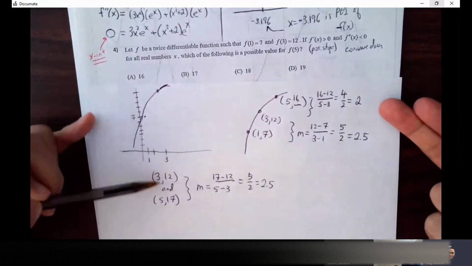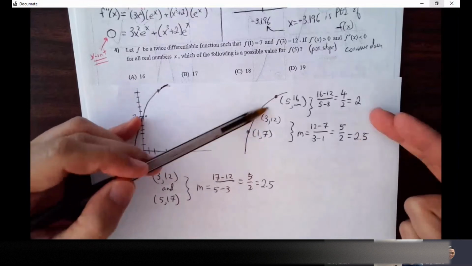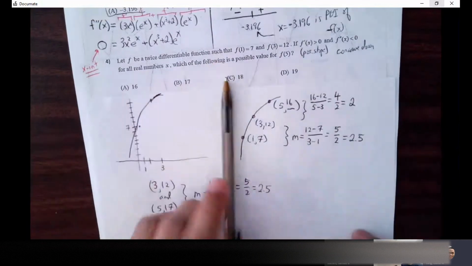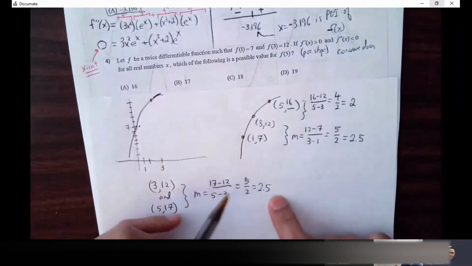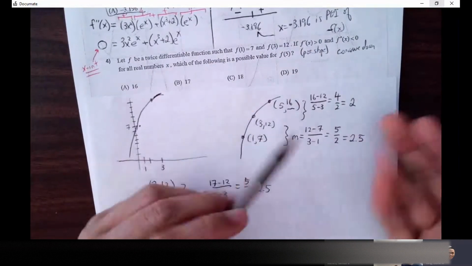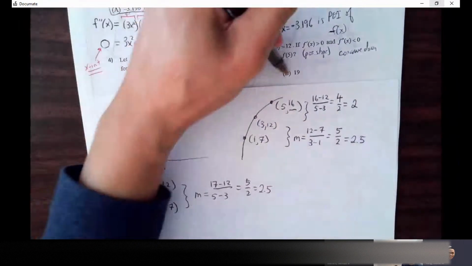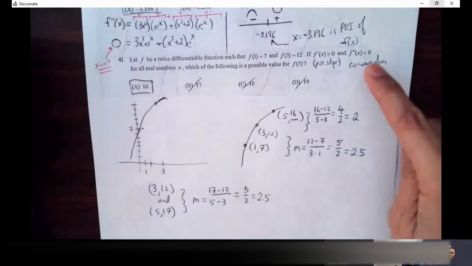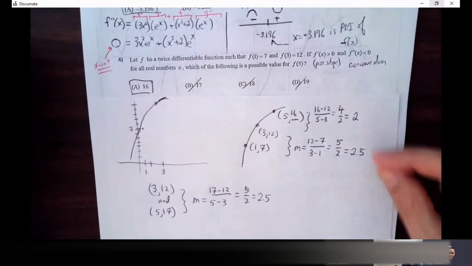If my order pair is 5, 17, then my slope is maintaining a 2.5, and we know that can't be true, right? If it's truly concave down, my slope has to continually decrease. So if 17 is already producing 2.5, then I know 18 and 19 will just be something even larger, which is not going to hold. So the only order pair that's going to maintain the relationship that we need in terms of concavity is going to have to be A.